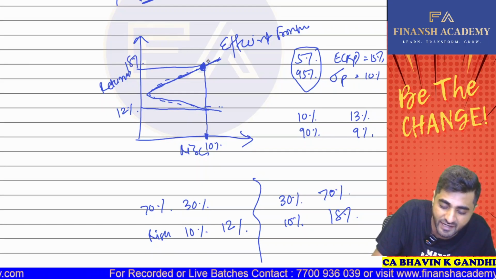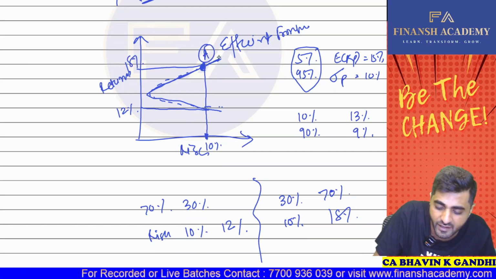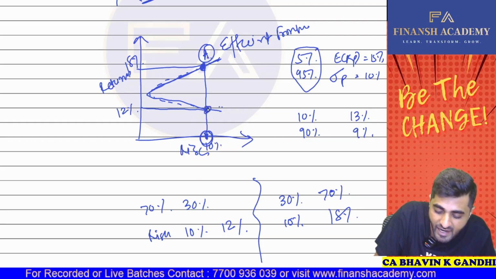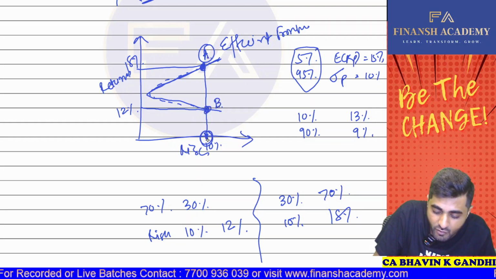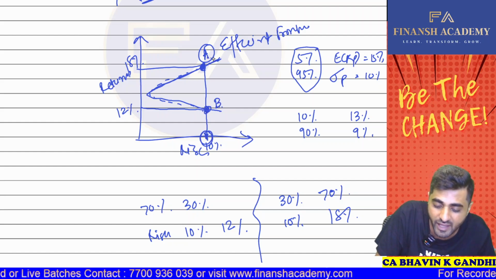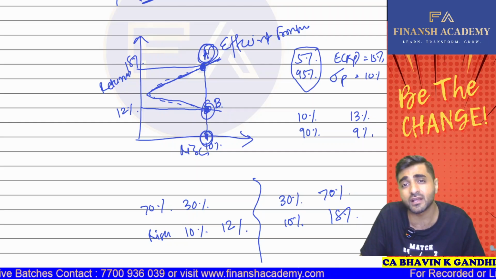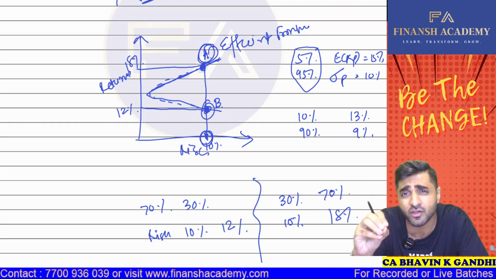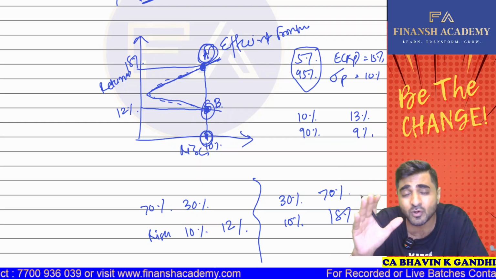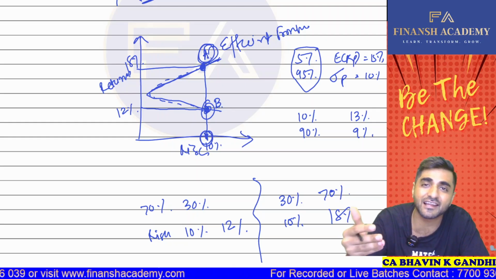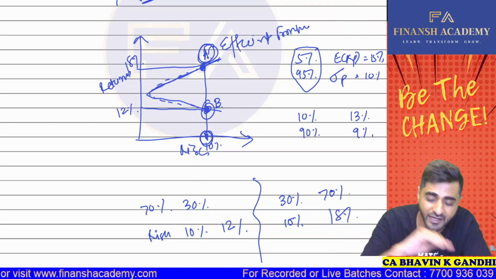So can you see that this portfolio A has the same level of risk but higher returns compared to portfolio B, which has the same level of risk but lower return? So A is efficient as compared to B. Come on, yes or no? Yes, sir. So while plotting these securities in the graph, we come to know that a particular portfolio is on an efficient frontier as compared to an inefficient frontier, right?